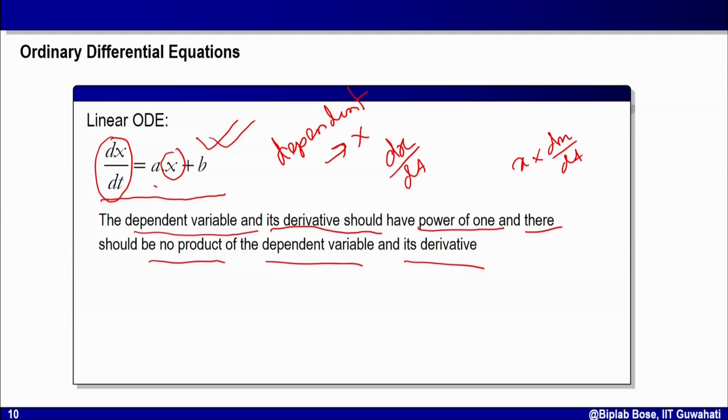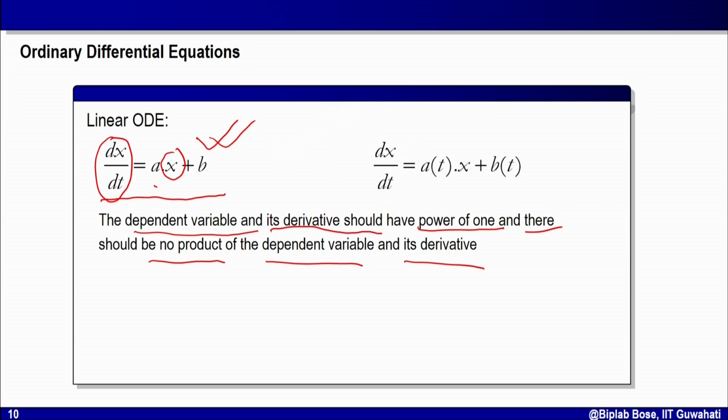I can have a slight variation of this linear ODE also. Let us see that. In the previous example, a is a constant. Whereas in this second equation, we have dx dt equal to a, which is a function of time, into x, plus b, which is again a function of time.